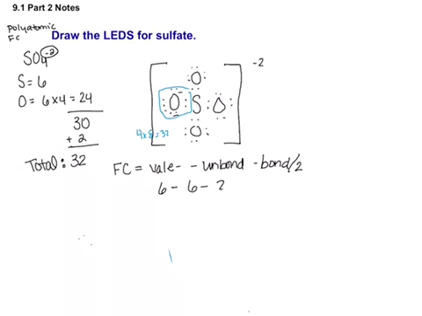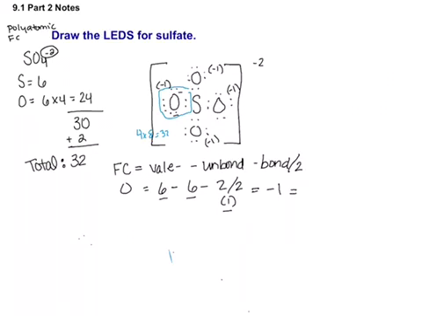And there are 2 bonded. 2 divided by 2 for 1. So oxygen equals 6 minus 6 is 0. Minus 1 gives us a -1. So this oxygen has a -1 formal charge, as will all of these because they have that symmetrical shape to them. They're all the same.